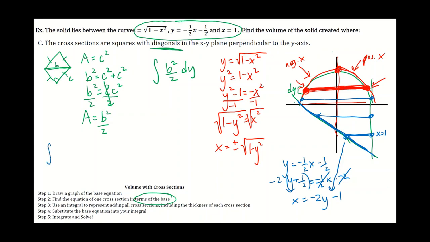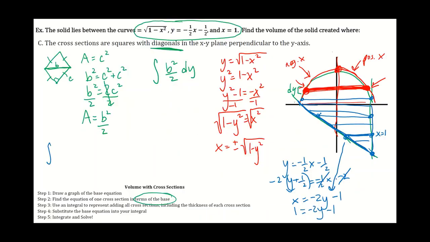So looking at the area in between, so I'm looking at this area down here. So that's in between the y value of the point of intersection and the y value of the point of intersection. If you just set them equal to each other, you can solve. So if you plug in 1 here, 1 equals negative 2y minus 1.